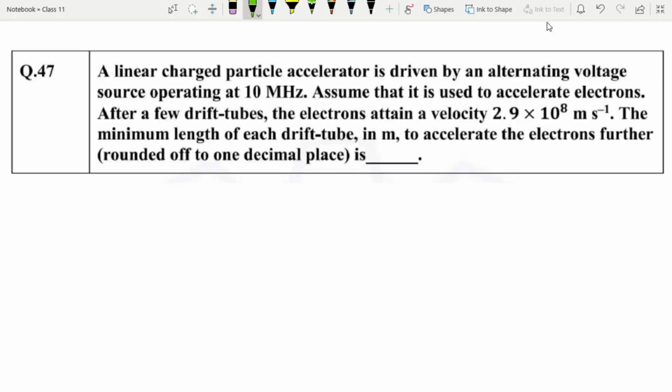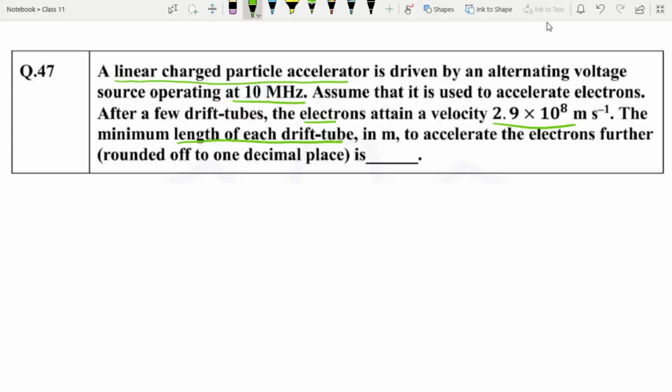So in the question they have taken a linear particle accelerator operating at an alternating voltage frequency of 10 megahertz, and the electron has been accelerated to a velocity of 2.9 into 10 raised to 8 meter per second. They have asked us to find the minimum length of each drift tube.